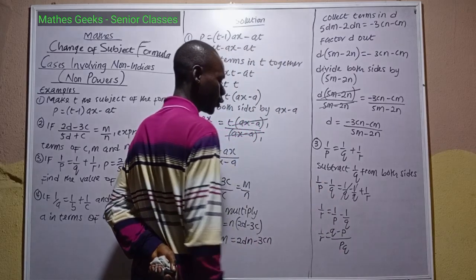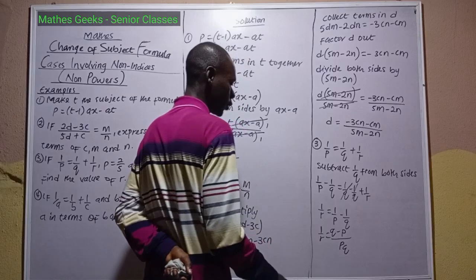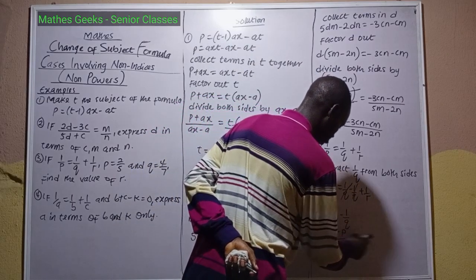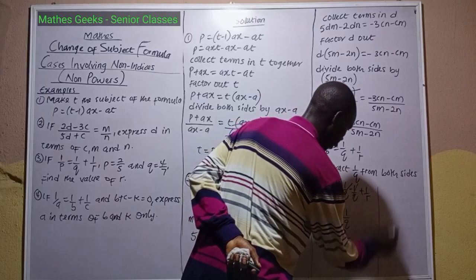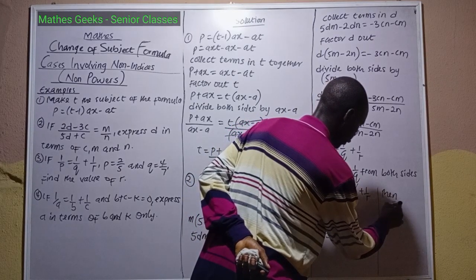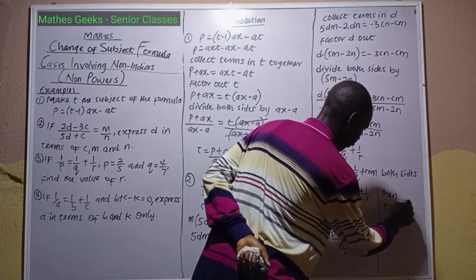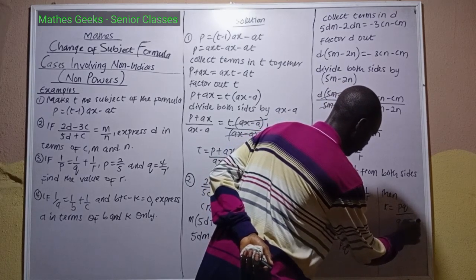So if 1 over r is (q minus p) over pq, when we invert this, r is equal to pq over q minus p.